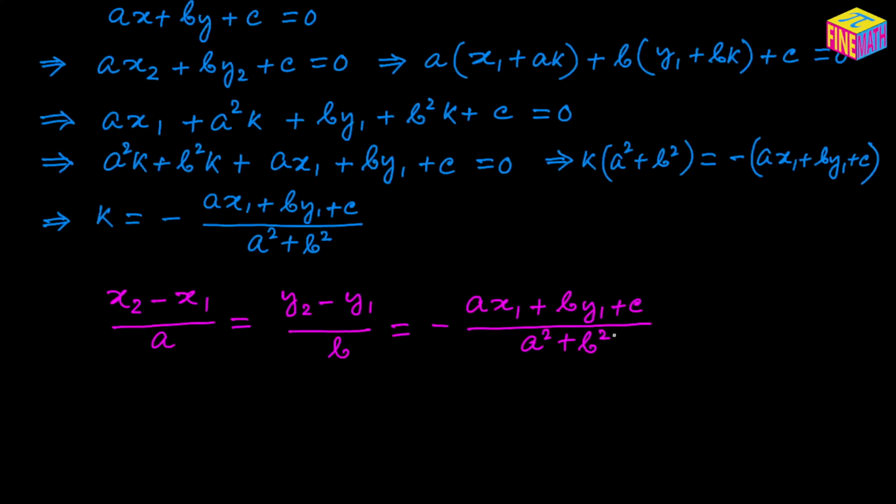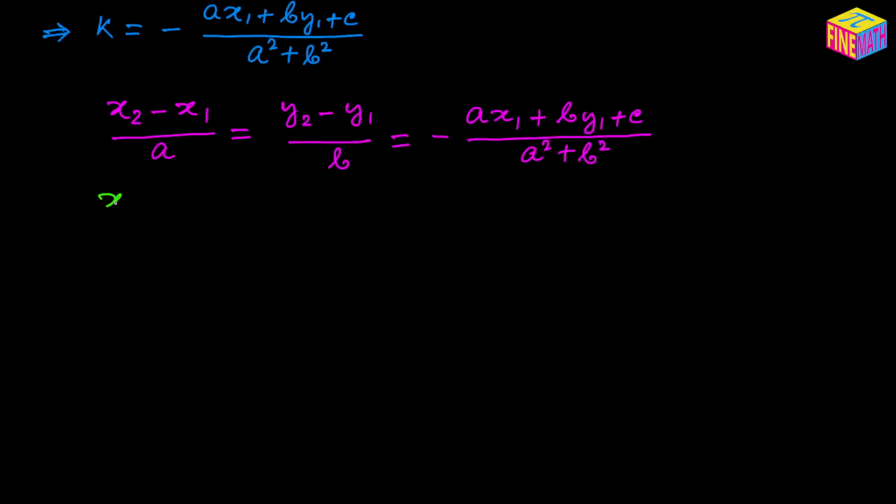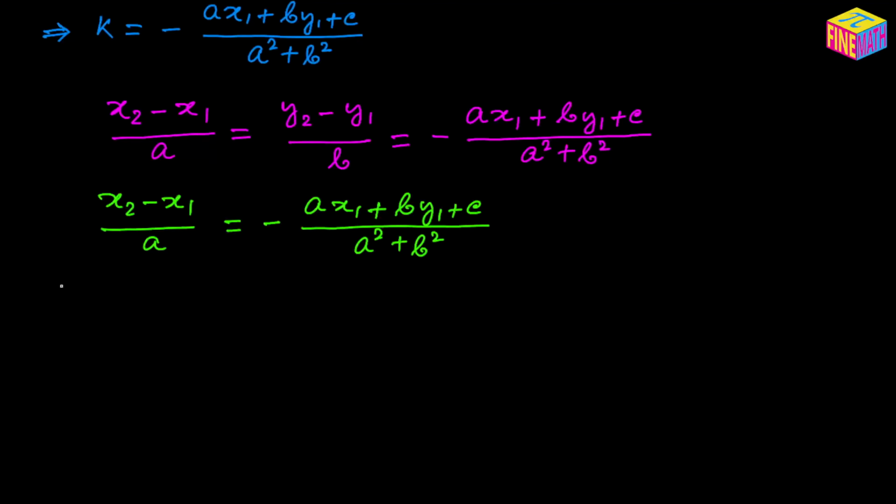From here let's try to solve for x₂ and y₂. So we are now going to try and solve for x₂ and y₂. So we can say that (x₂ − x₁)/a is equal to −(a·x₁ + b·y₁ + c)/(a² + b²). And if we multiply both sides by a, then what do we get?